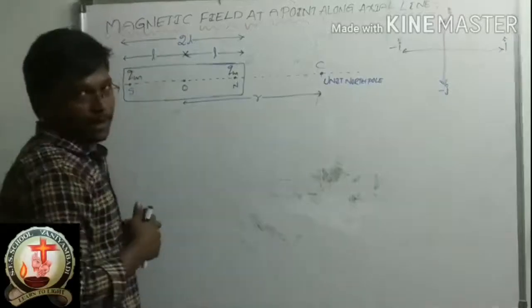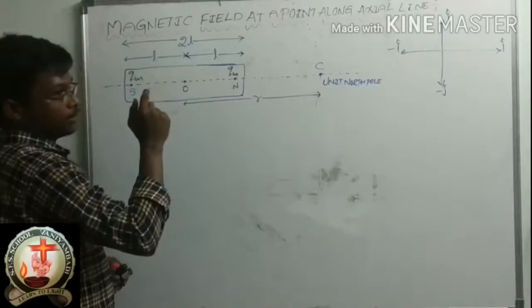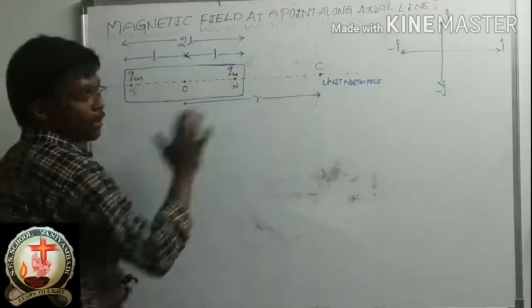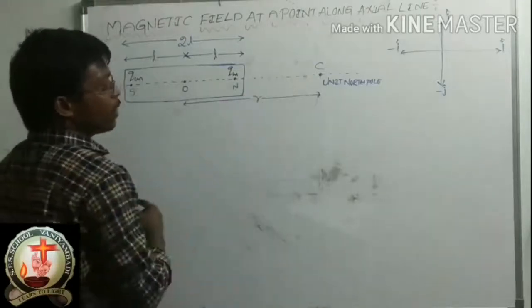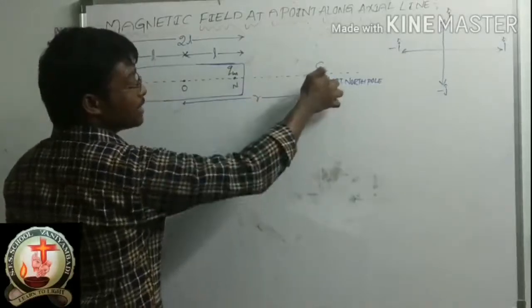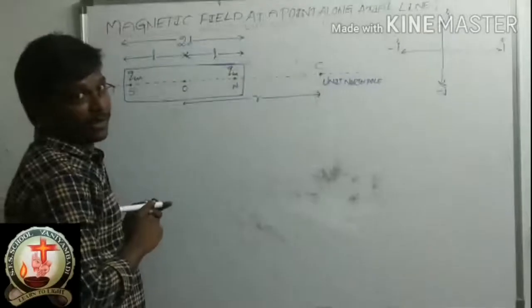Based on this, I would like to tell two steps. From here to here is r. I need only the distance from here to here. How will I find it?